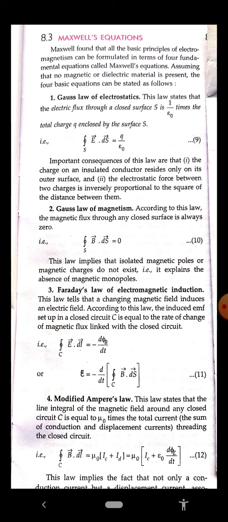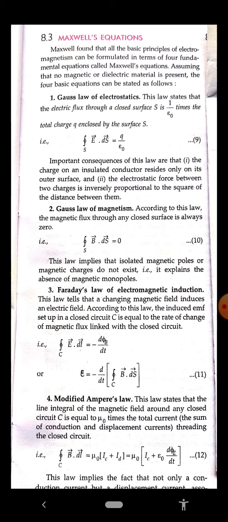So these equations give the idea that conduction current is not only present in the circuit, but there is also a displacement current, and the combination of both currents with the changing electric field produces a magnetic field. That means conduction current and displacement current both are responsible for producing a magnetic field, not only the conduction current.